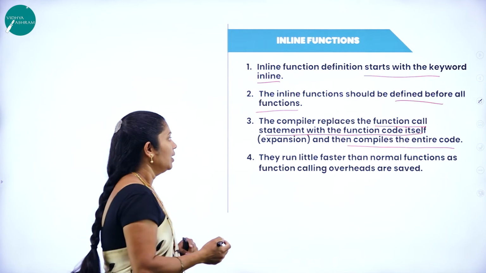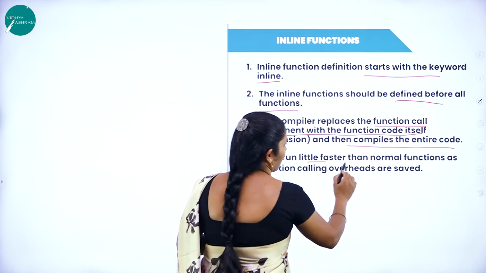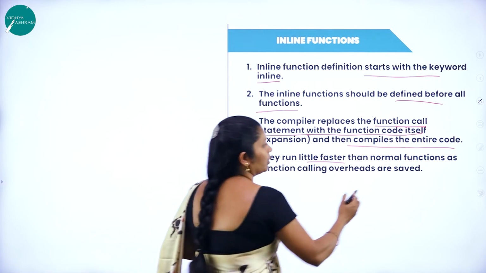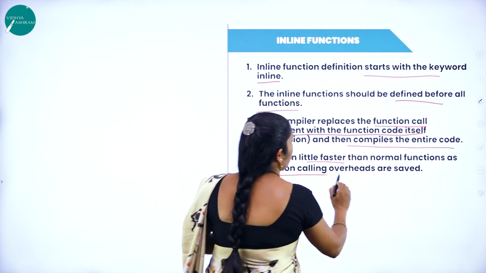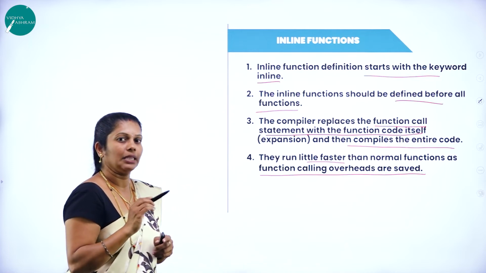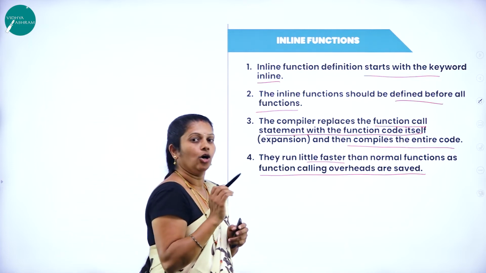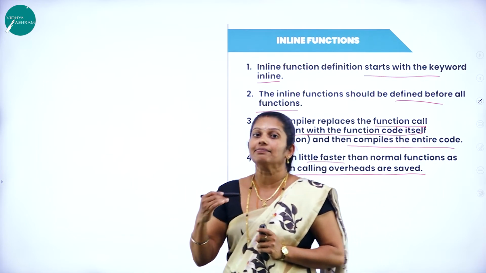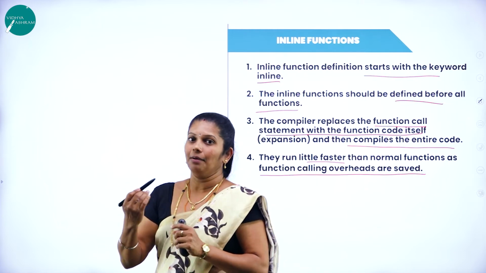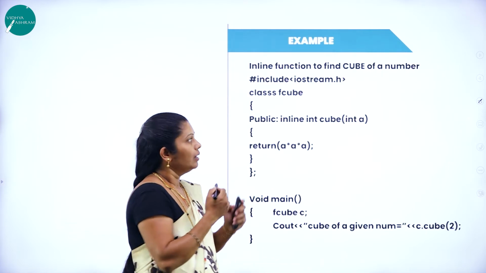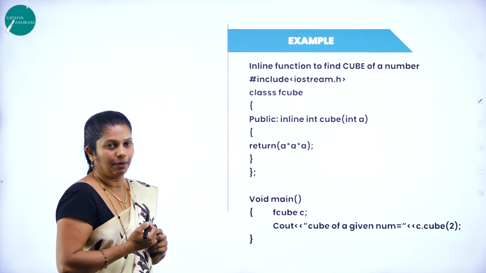It runs a little faster than a normal function, as the function calling overhead is saved. Only the executable file size is larger, but it is fast because the compiler directly replaces the function call by the body. Now I am going to explain one example program.